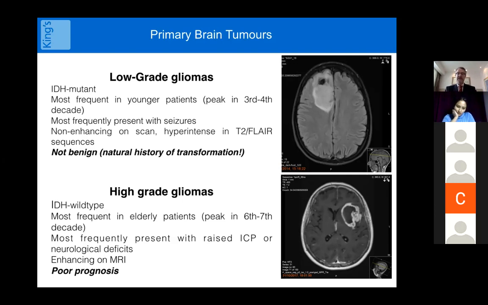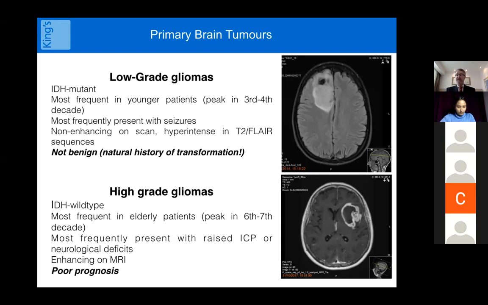The high grade gliomas are distinct from low grade. They usually are IDH wild type, so they don't have the mutation. They're more frequent in the elderly, and usually they present with signs or symptoms of raised intracranial pressure, so pressure mounting inside the head, or neurological deficits like loss of speech or weakness.